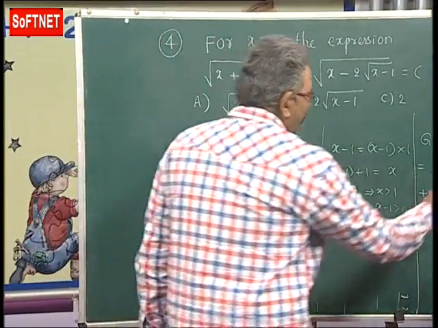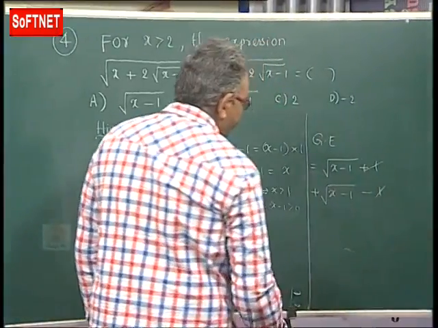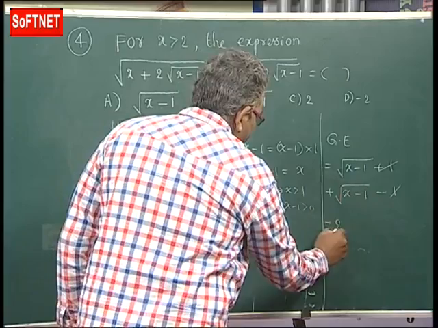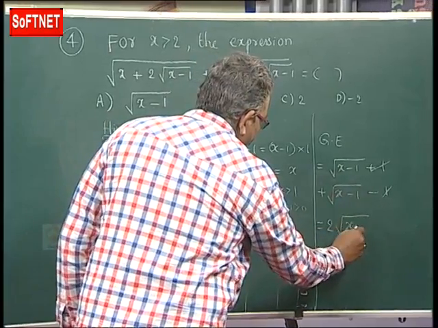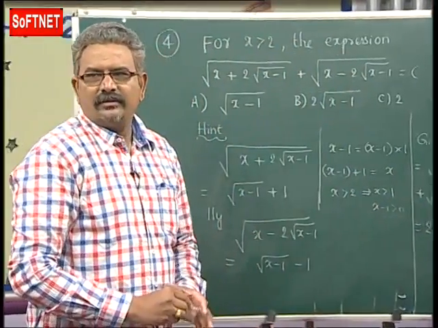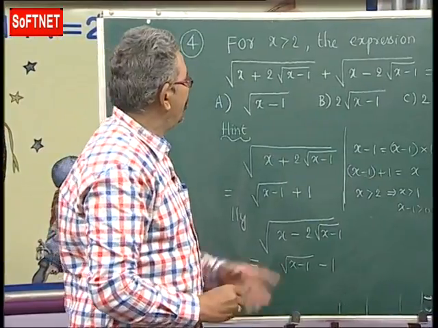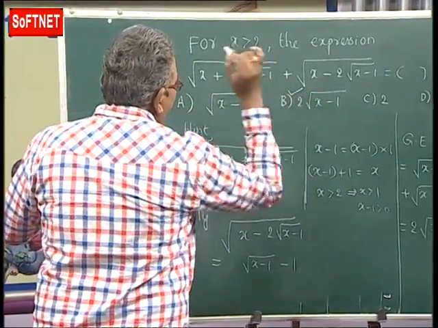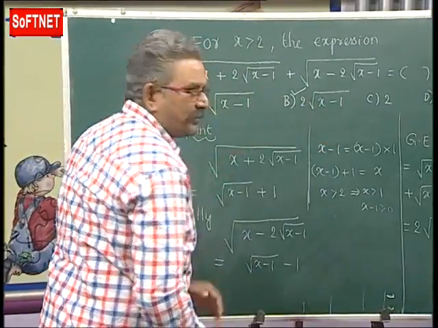Plus 1 minus 1 gets cancelled. Root of x minus 1 plus root of x minus 1 is 2 root of x minus 1. Which is the right option? Yes, B will be the right option, 2 root of x minus 1.